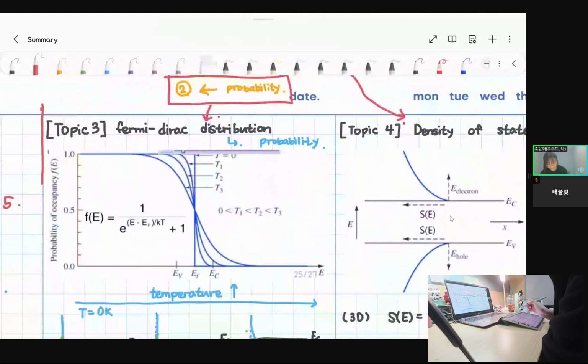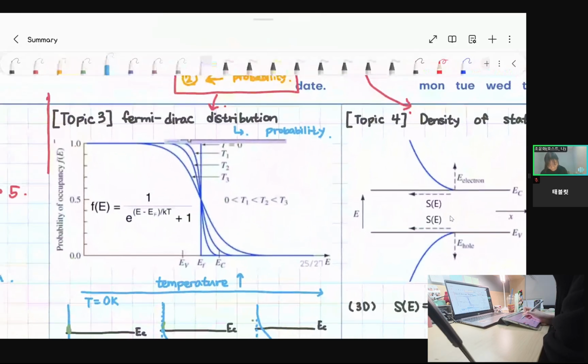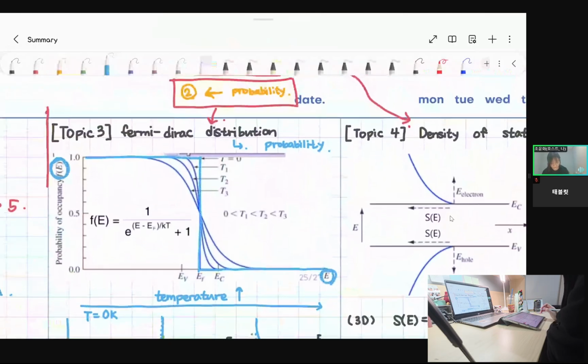So let's look at this graph first. This graph is related to energy and the probability that a carrier exists. In this case, we are just looking at the probability that an electron exists.